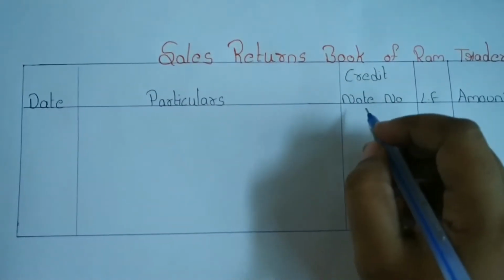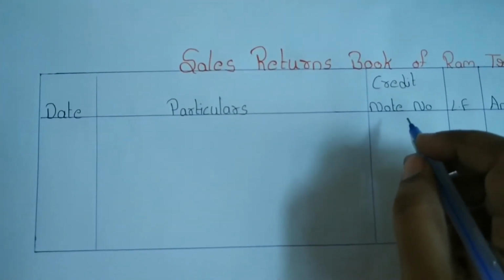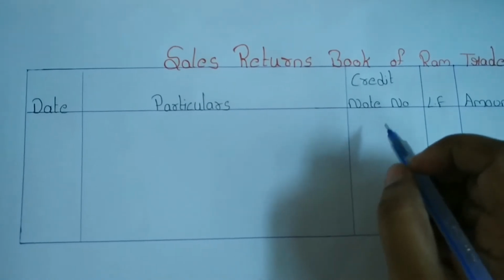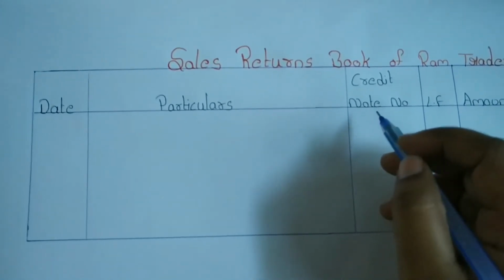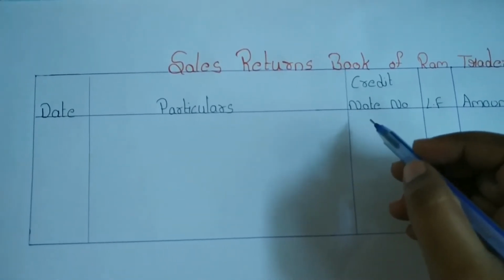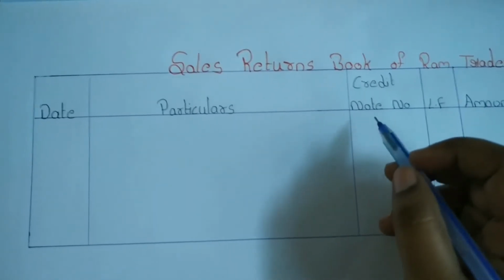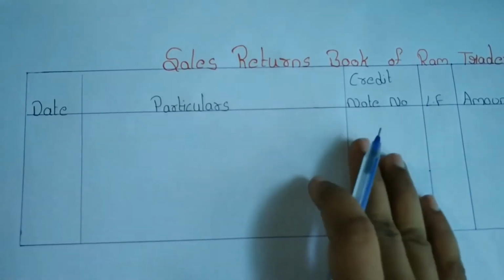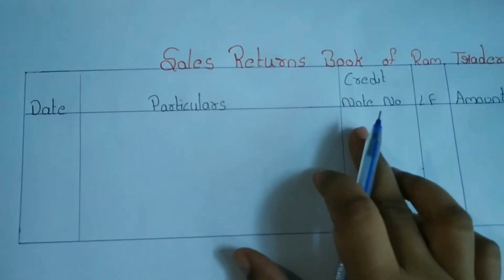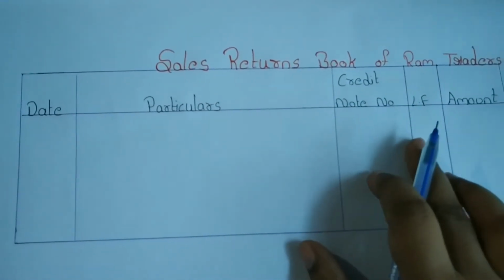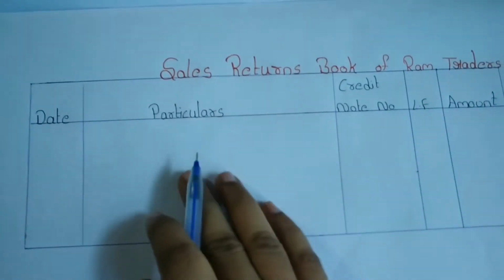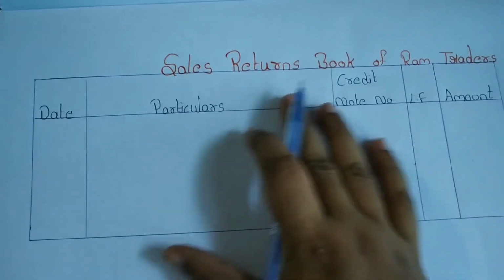It means if we receive any goods back from our customers, we had already sent a debit note, right? So they return the debit note to our business. At that time, we prepare a credit note and send it to the customer. That number should be recorded in this column, then ledger folio and here the amount. So 5 columns should be prepared for sales returns book.